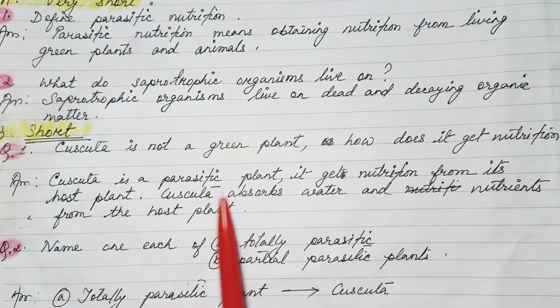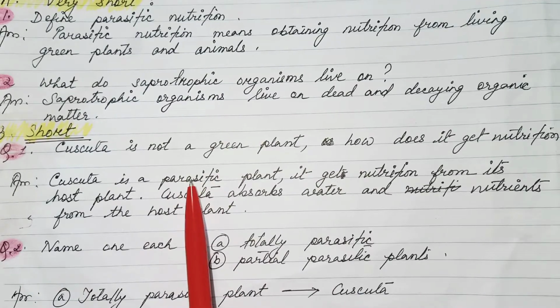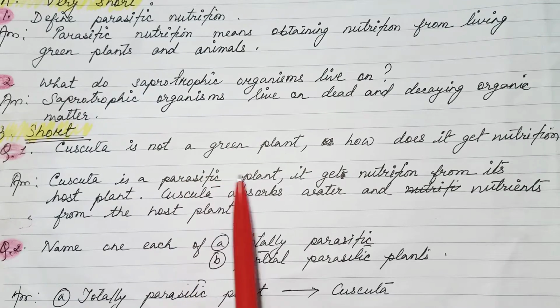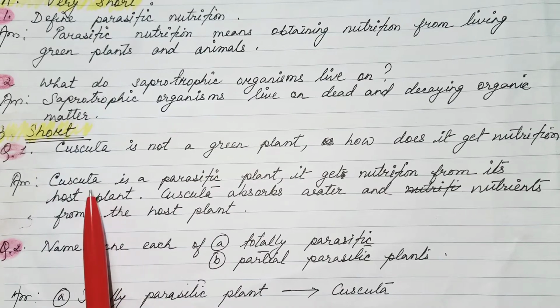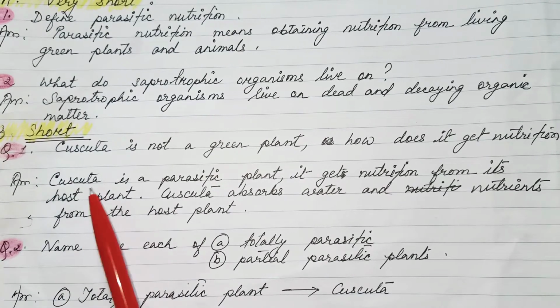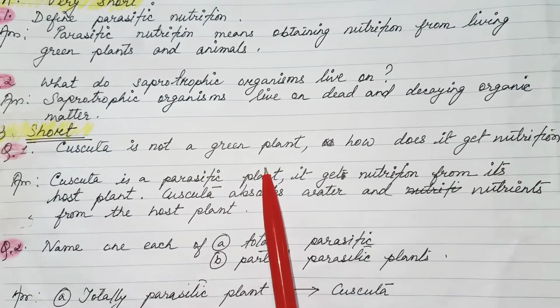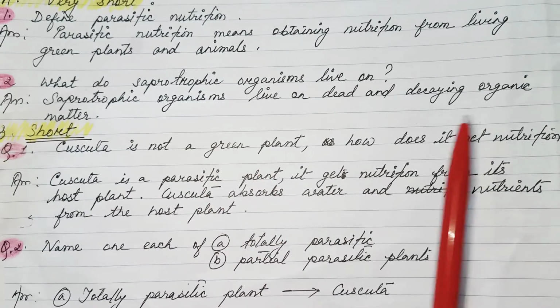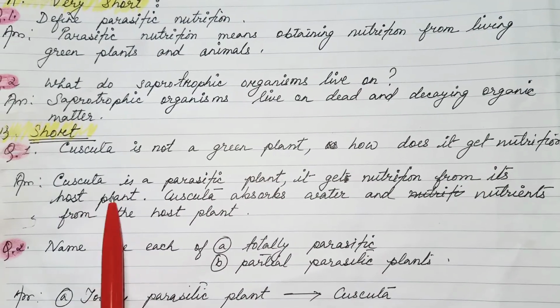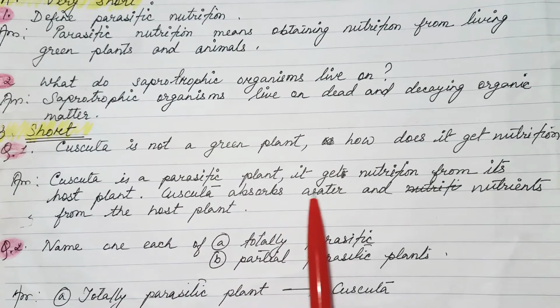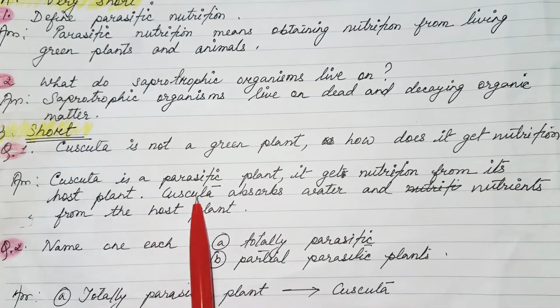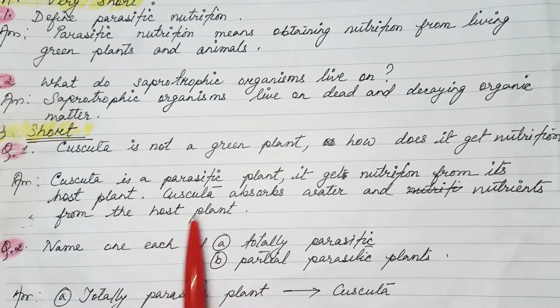Parasitic plants are those plants which depend on other living plants or animals. I have already explained in your video that Cuscuta depends on other green plants, and that other green plant is known as the host plant. So Cuscuta takes water and nutrients from that host plant.